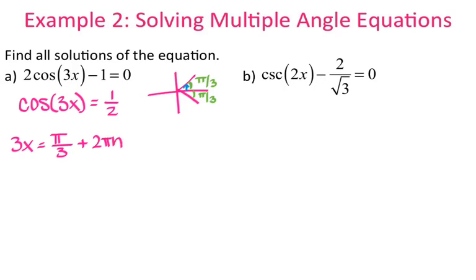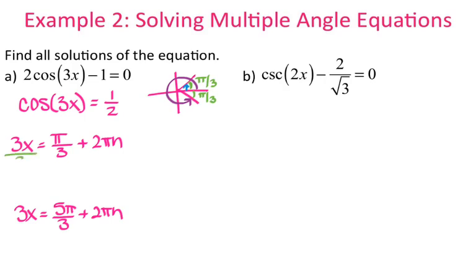My second angle that I'm going to do in purple is going to be 2 pi minus pi over 3. So I have 3x equals 2 pi minus pi over 3, which is 5 pi over 3, plus 2 pi n. Okay, now I still need to solve for x, and right now my x is being multiplied by 3.